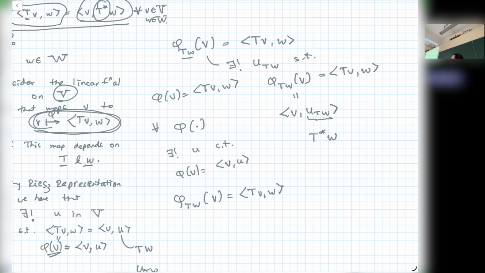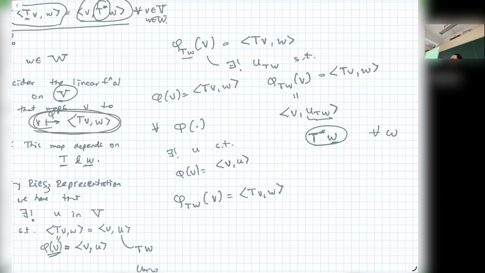So you can just restrict to the basis, the actions on the basis, and then map basis to basis, and so for every W you would be able to find the vector. You can map every basis element in W to whatever this object is, and then use that to define T star completely, because this was true for all W. We know that to specify a linear operator, it's enough to define its action on the basis.